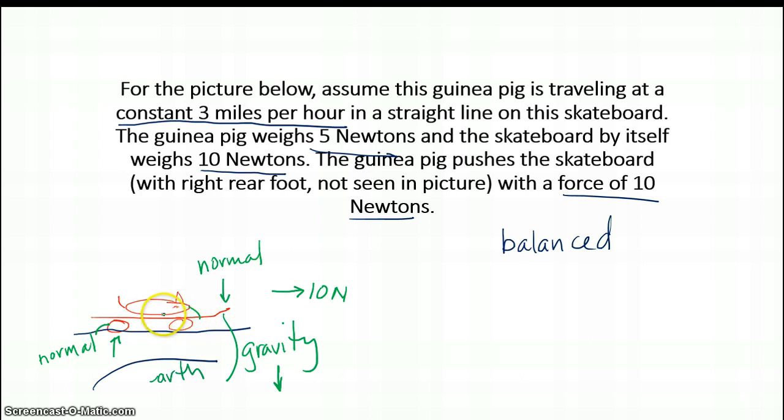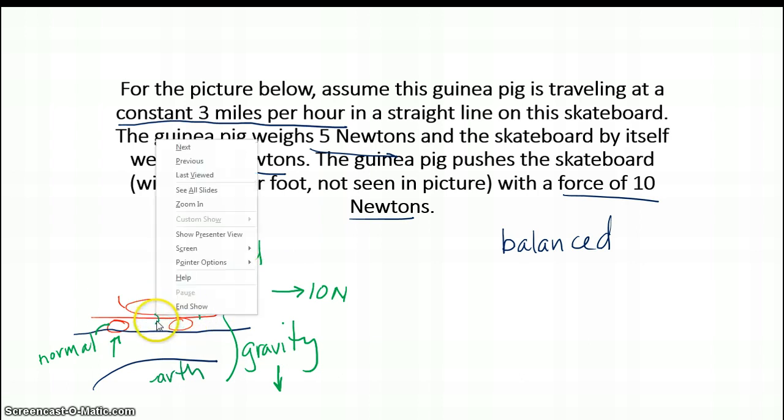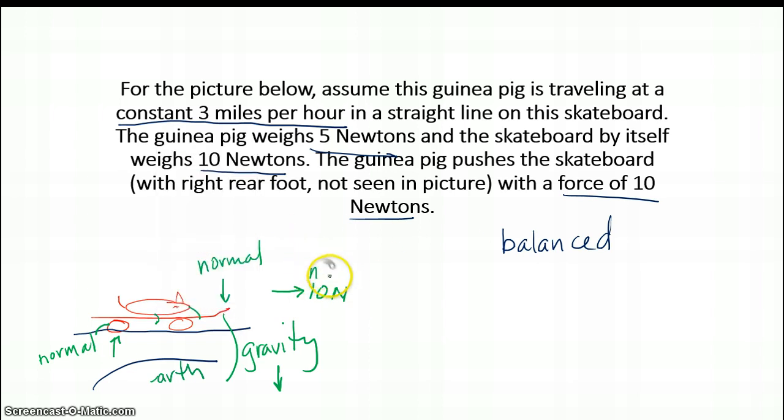So I have this guinea pig pushing, and that normal force, I'll write as just normal, pushing that skateboard forward. Because it has to be balanced, I know I need to have a frictional force, and this frictional force is between the tire of the skateboard and the ground. So let's create that into a force diagram.